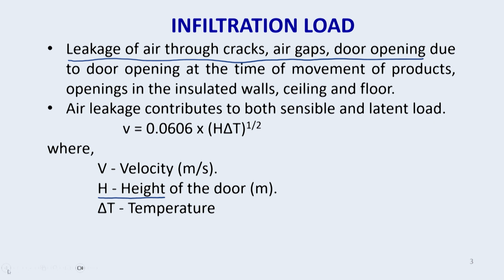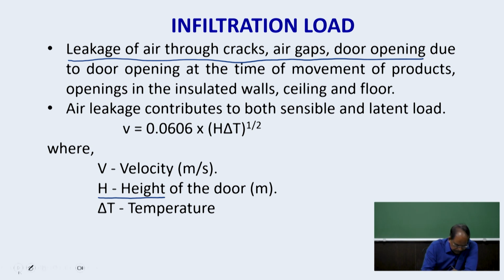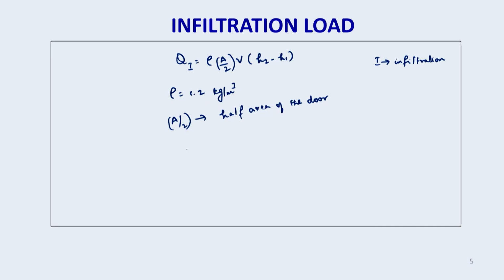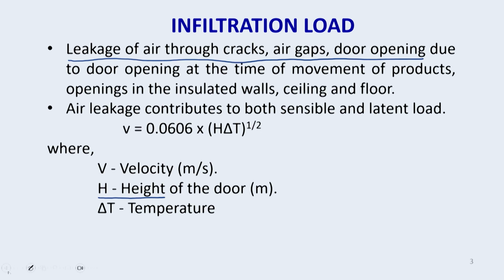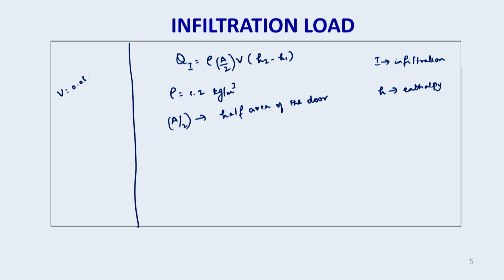Here capital H refers to height, not enthalpy. Let me write it here also. Small h refers to enthalpy. Let me write the velocity formula also on this side. Velocity is equal to 0.0606 into H into delta T, all to the power half.